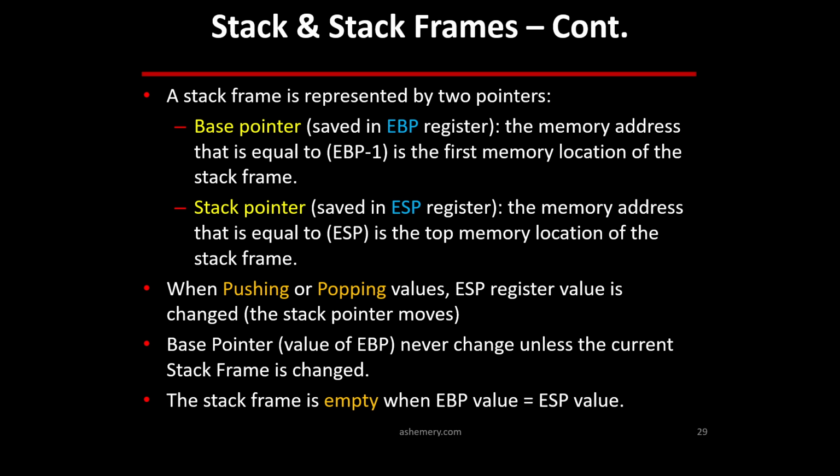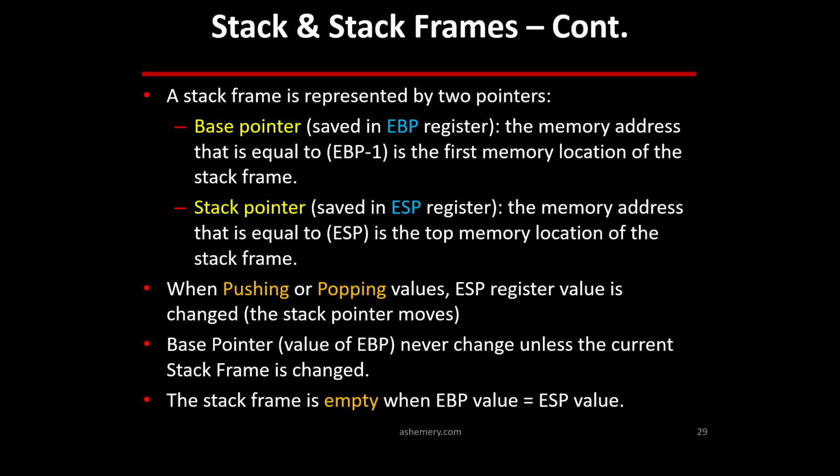So the register EBP will always be pointing at the base of a frame. The memory address that is equal to EBP minus 1, this is just an example, is the first memory location of the stack frame.